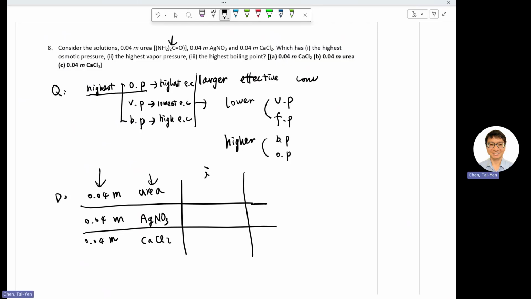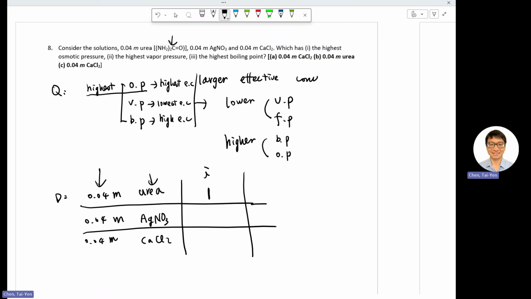You don't, right? All you have is carbon, oxygen, nitrogen. No metals. Therefore, you know it cannot be an electrolyte. Therefore, if you dissolve one, it will still exist as one solute molecule. Therefore, the i will equal just 1.